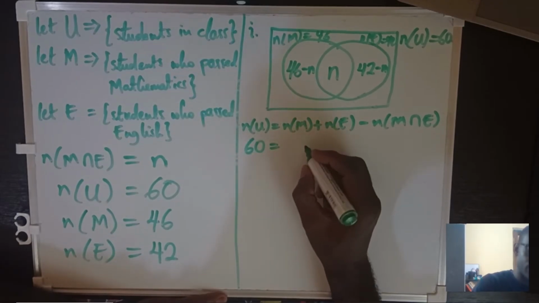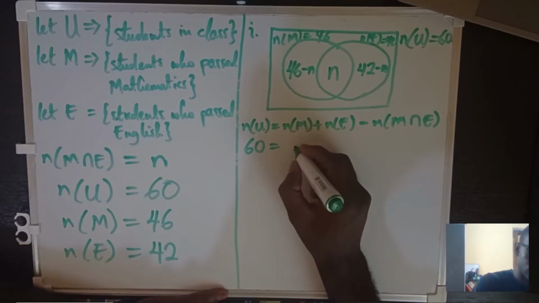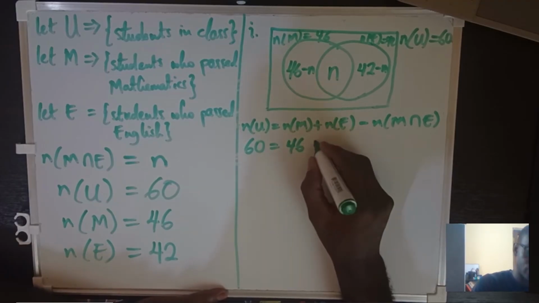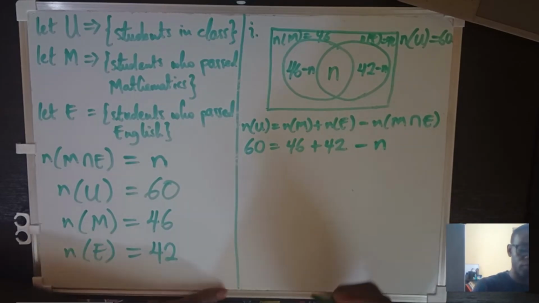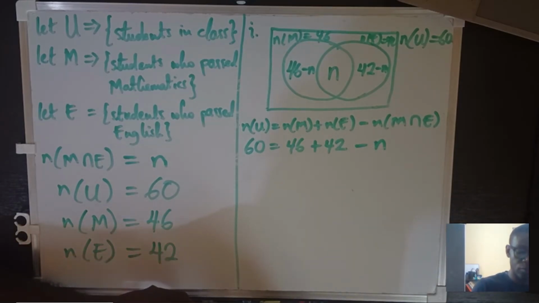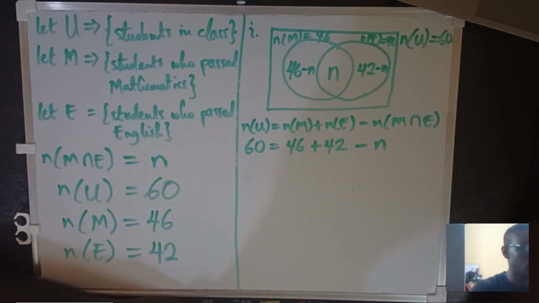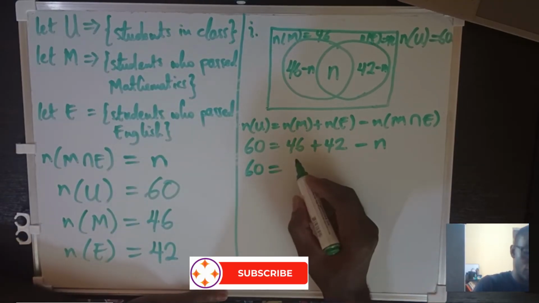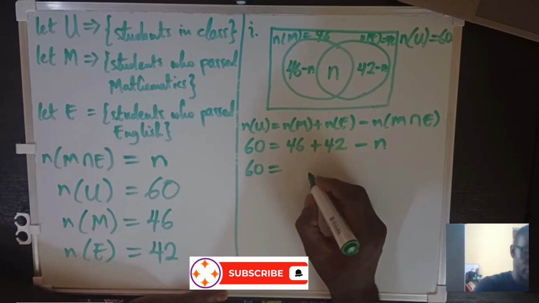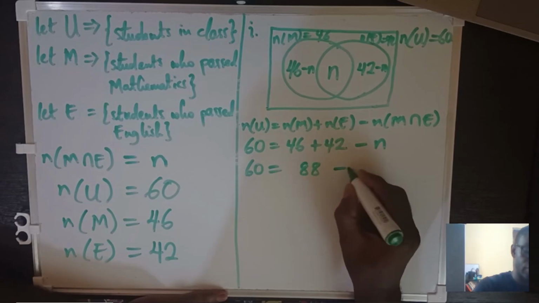The number of students in M is 46, plus 42, minus n. So we have 60 equals 46 plus 42, which gives us 88, minus n.